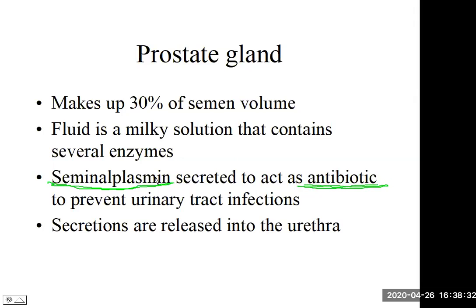And this seminal plasmin, and the prostate gland as a whole, releases its secretions into the first segment of the urethra. So with this production of fluid from the prostate gland and this seminal plasmin in particular, this helps to protect the urethra from, of course, infection. So the urethra, all the way back to the urinary bladder, has this protection.